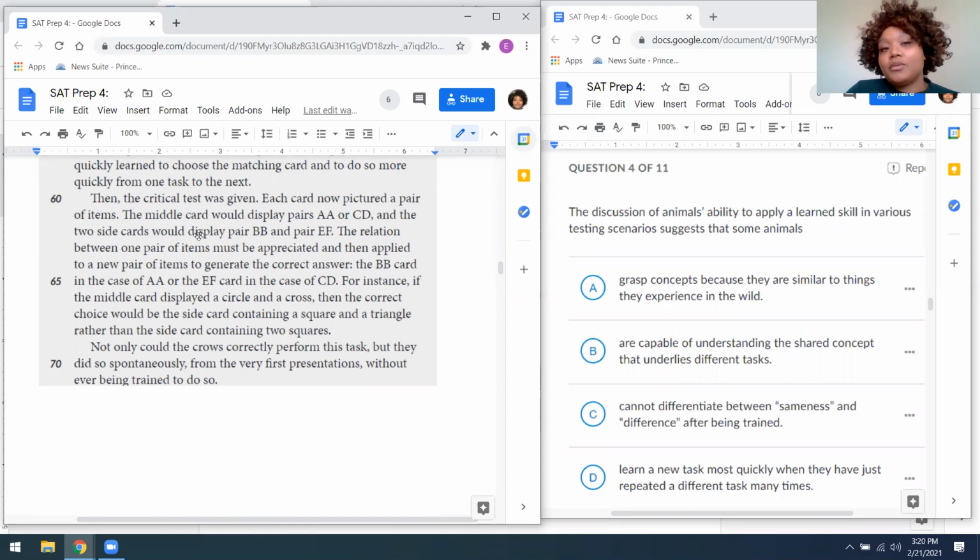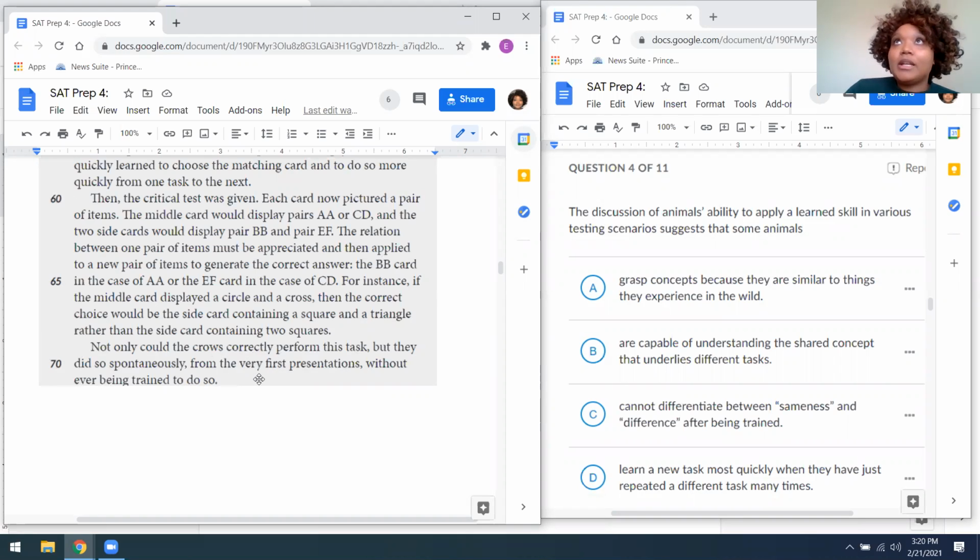It says, then the critical test was given. Each card now pictured, and so on and so forth. So that's the second task. So let's shimmy on down to line 69 through 71 again. It says not only could the crows correctly perform this task, but they did so spontaneously from the very first presentations without ever being trained to do so.